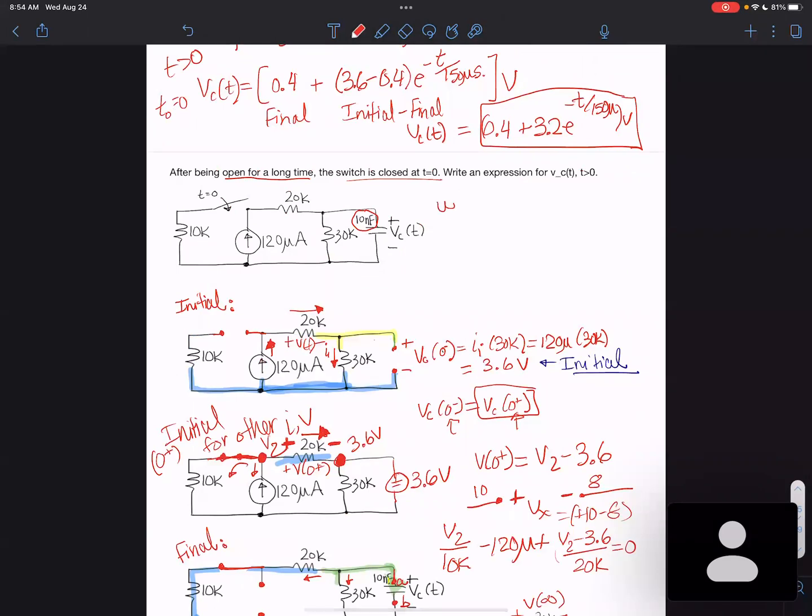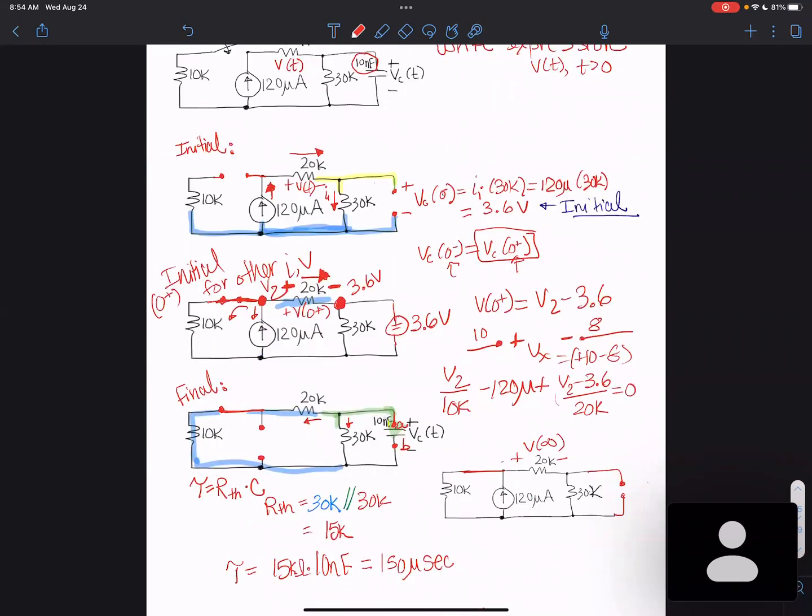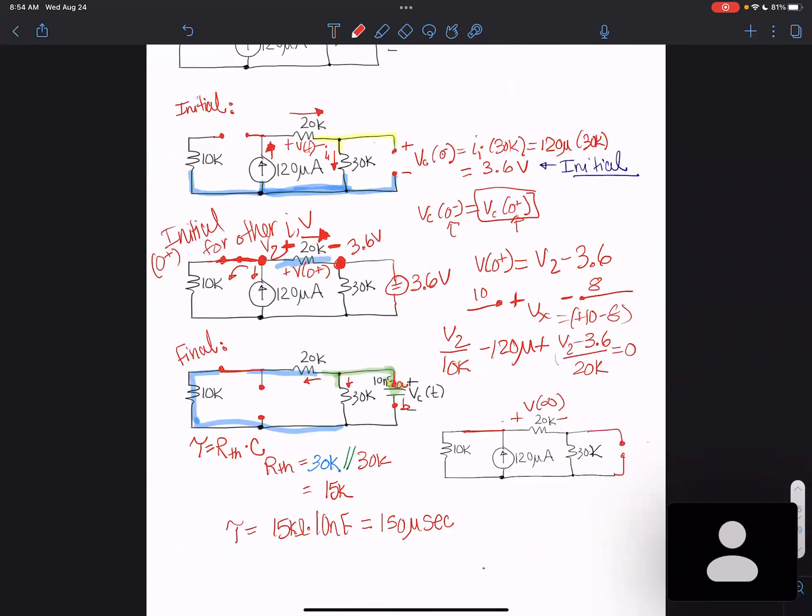So this example is that we're writing an expression for V of t here for t greater than 0. So this ends up being minus 1.6 is this value here.